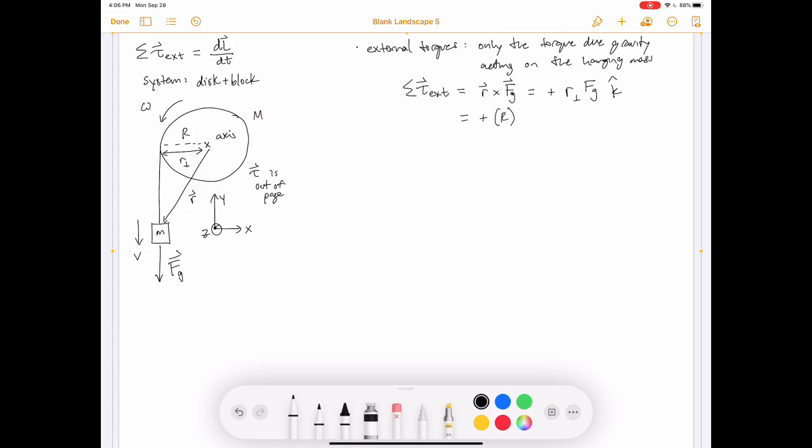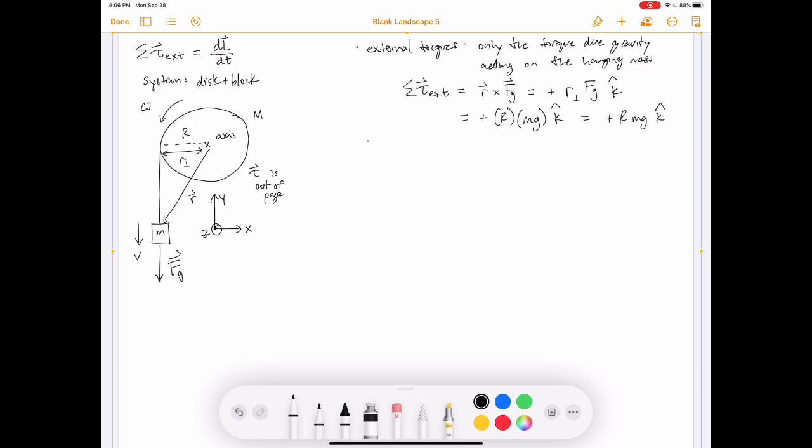So capital R goes there. The force of gravity is little m times g, and then k hat. So positive capital R times little mg times k hat. That's the net external torque acting on the system. That's the left-hand side of the equation that we started with.